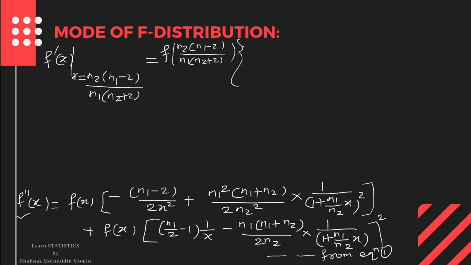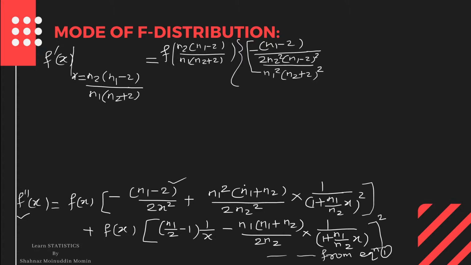So inside the bracket, the first term is minus n1 minus 2 by 2 into x square, which means it is n2 square n1 minus 2 square upon n1 square n2 plus 2 whole square, this term.